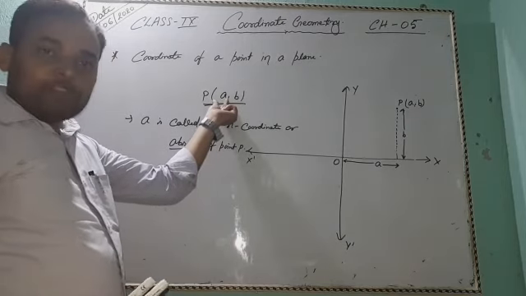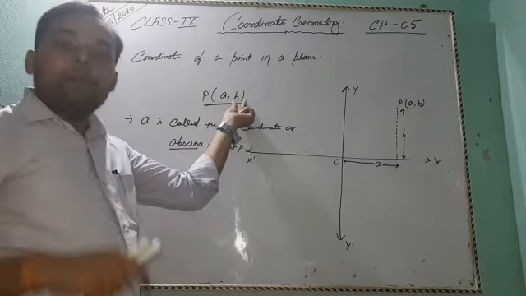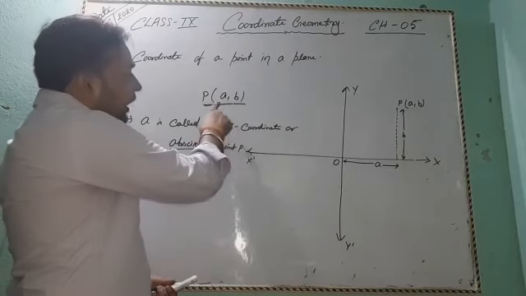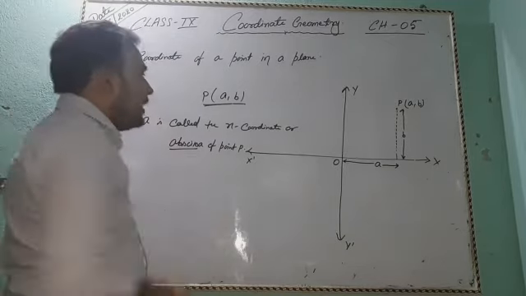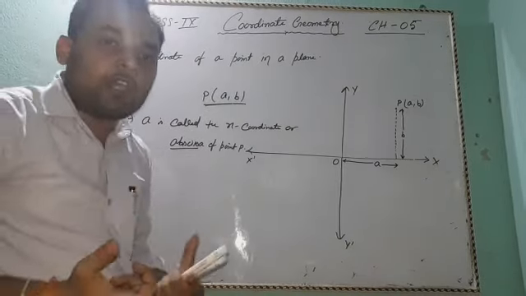A is the x coordinate and B is the y coordinate. For A, the x coordinate is also called the abscissa, and the B coordinate is also called the ordinate.